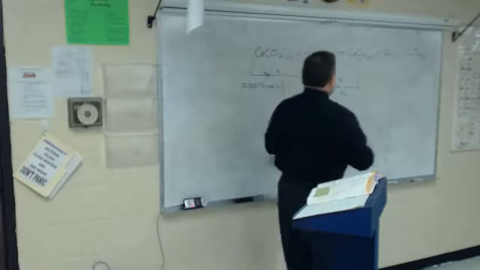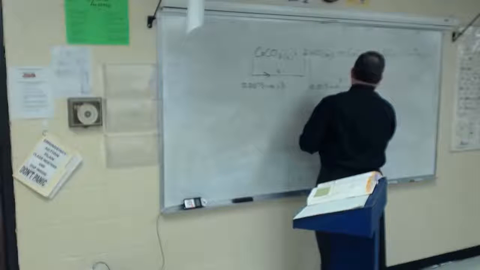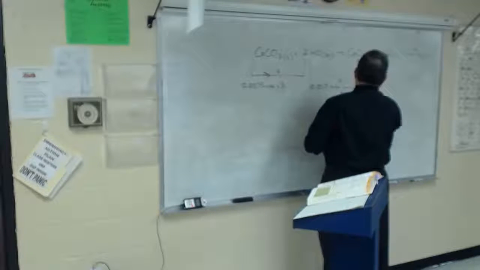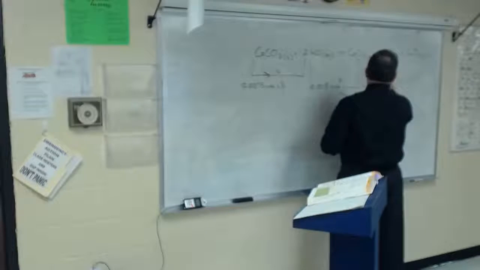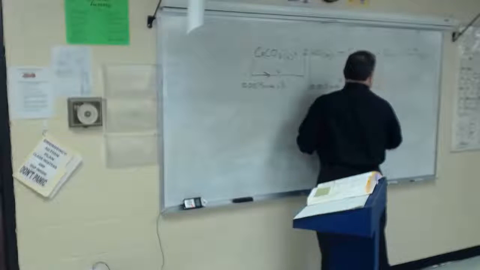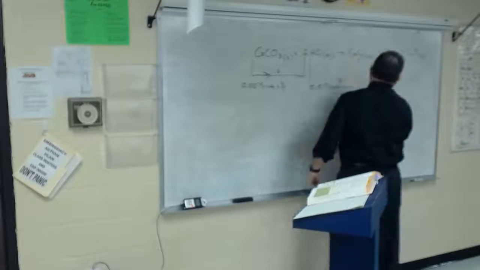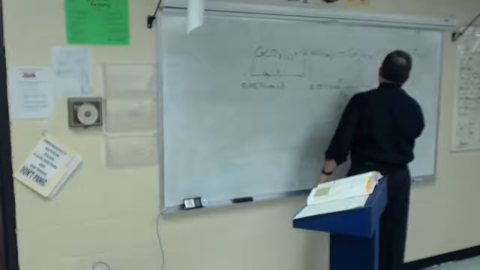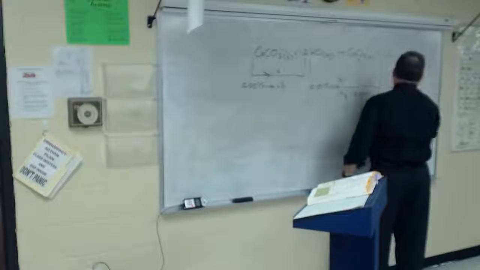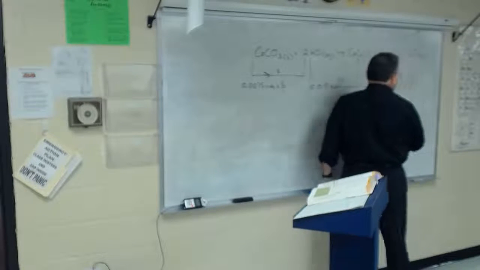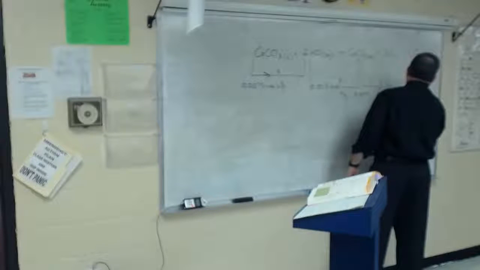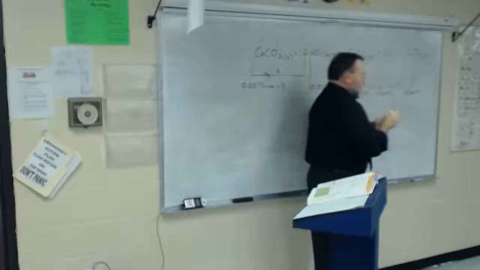If you want to just keep walking it across, I could do this then. If this is now 0.0075, from here to here, what's the relationship? 1 to 1. So it would be 0.0075 again. From here to here, what's the relationship? 1 to 1, which means 0.0075. See, you can walk all the way through.